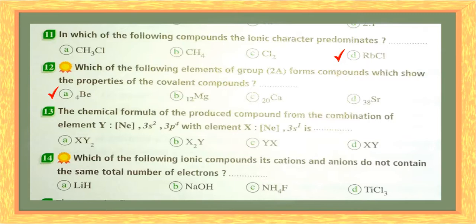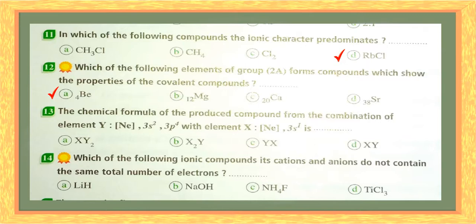So the element of group 2A that forms a compound showing the properties of covalent compounds is beryllium, as it forms two single covalent bonds in this compound.